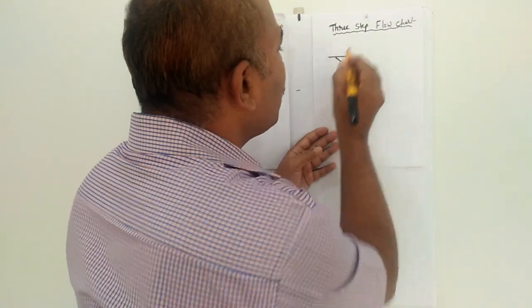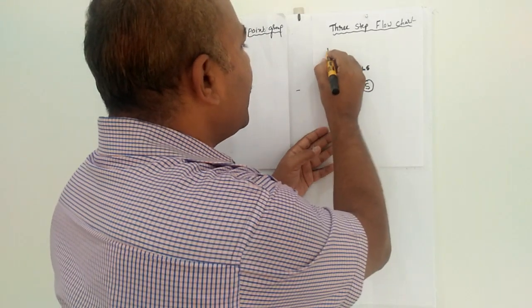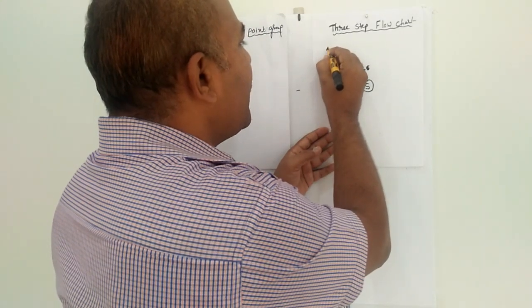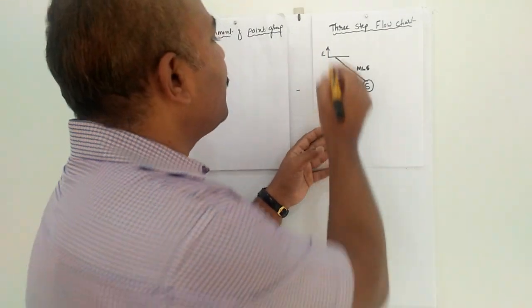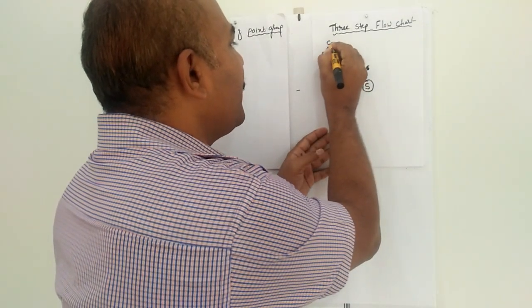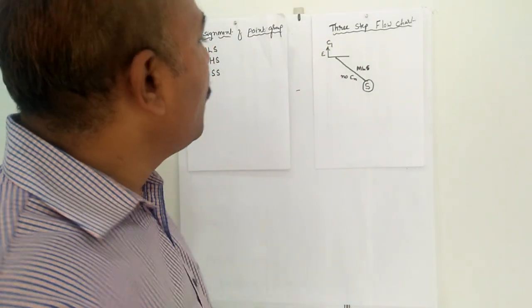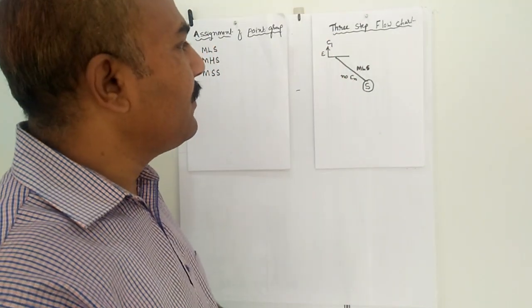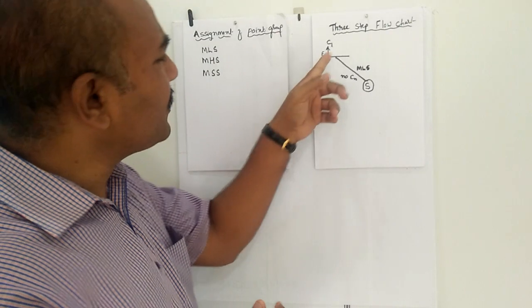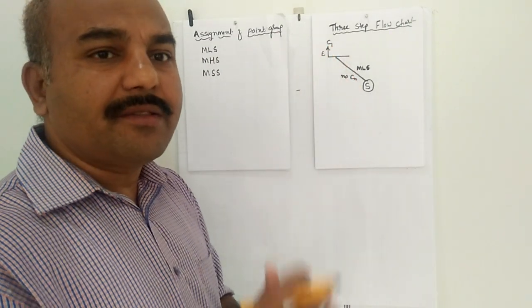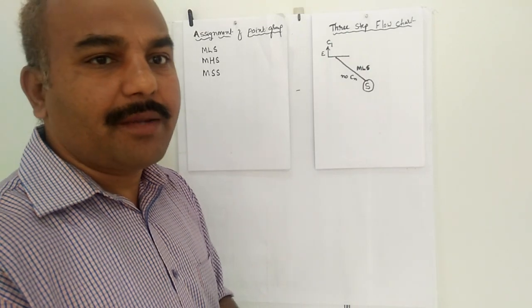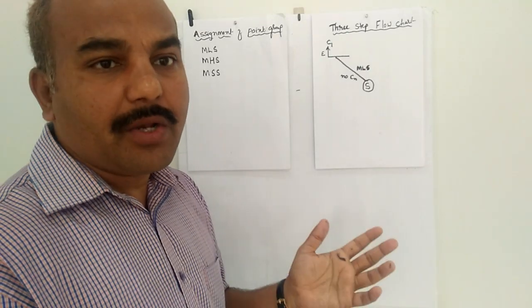A molecule containing only one symmetry element, that is nothing but the identity element, is assigned a C1 point group. Why is it C1? Because 1 refers to 360 degrees by 360 degrees. A 360 degree rotation does nothing to the molecule.